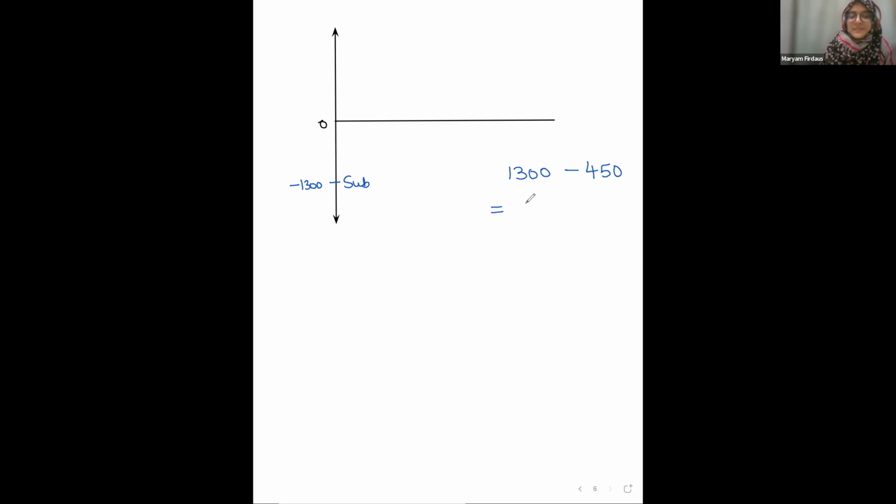Yes, you're right. It will be subtraction. 850 meters. But will it be 850 meters below sea level or above sea level?